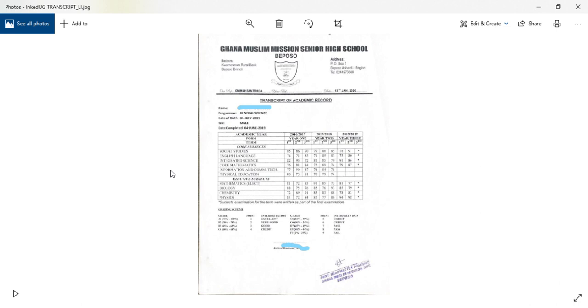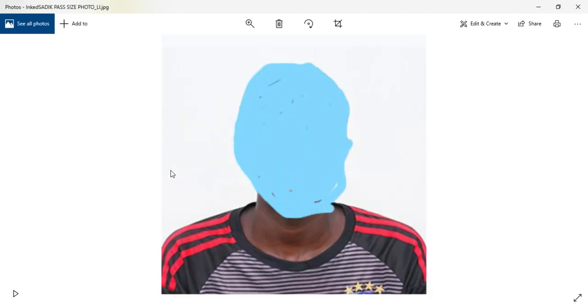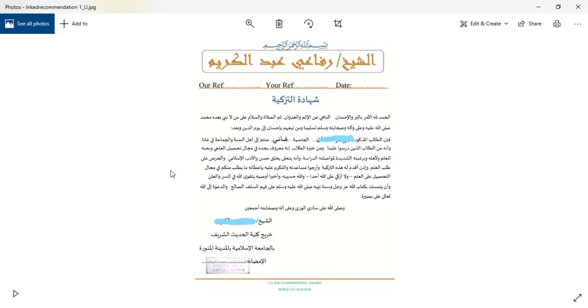And we all know all the universities have their own requirements, their own documents they require from a student. So you check the documents they require, then look into your documents pool, take out the documents they require, and then upload them as such.